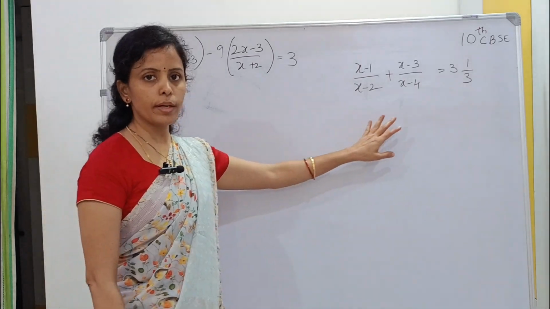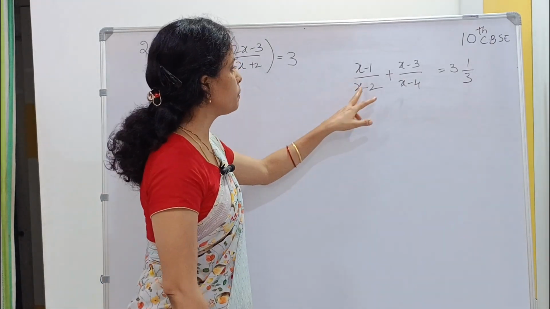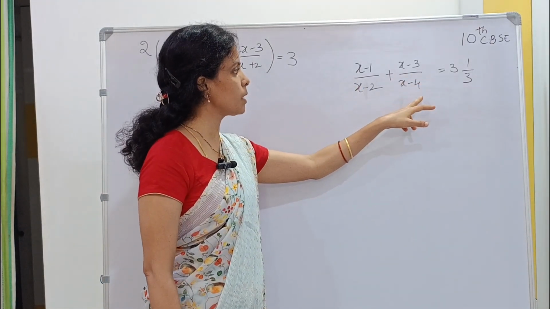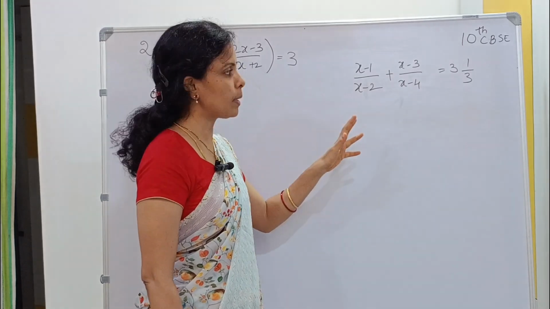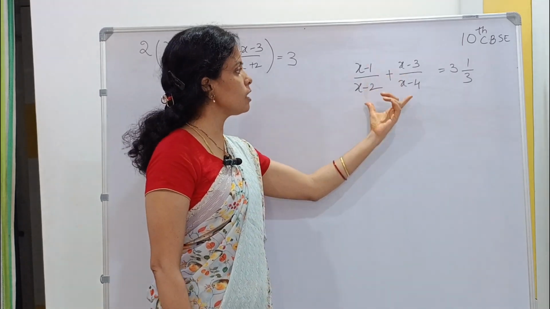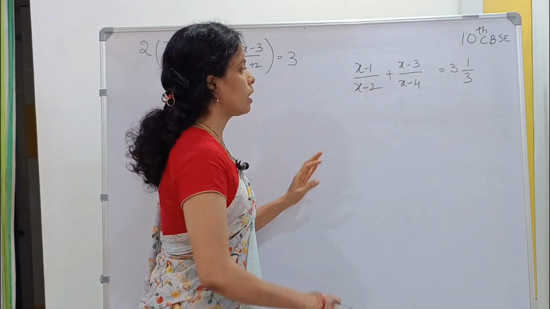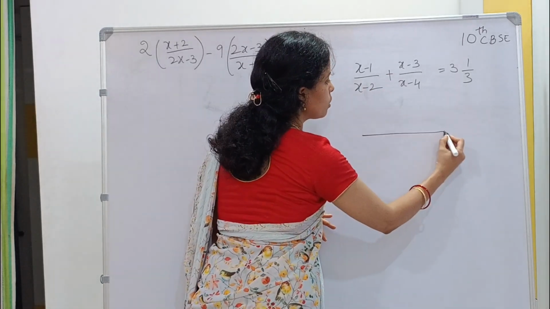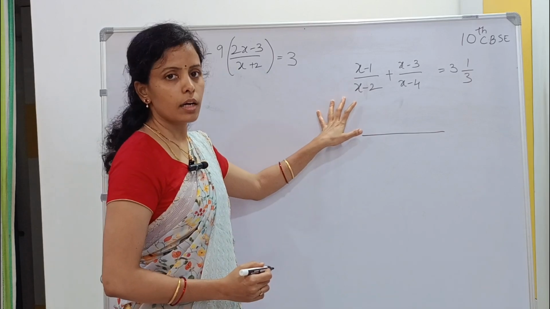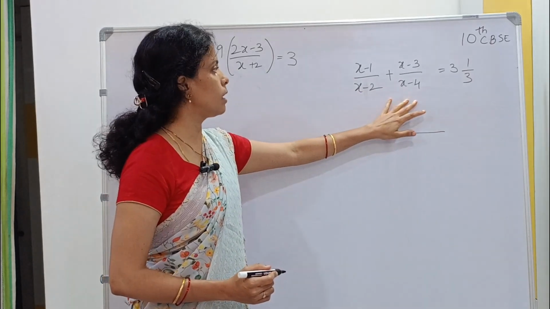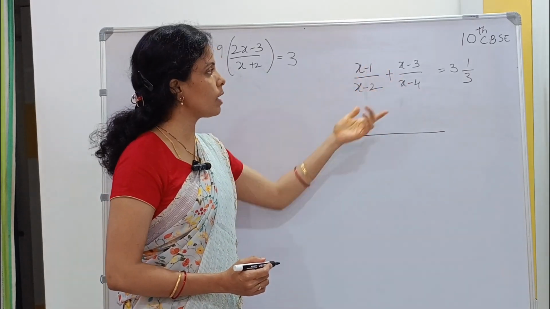Okay. Let's look at the next example: x minus 1 by x minus 2 plus x minus 3 by x minus 4 is equal to 3 1 by 3. For such problems, in the form of fractions, the easiest way is taking LCM. Here most of the children make mistakes in how to take an LCM for terms like x minus 1 and x minus 3.